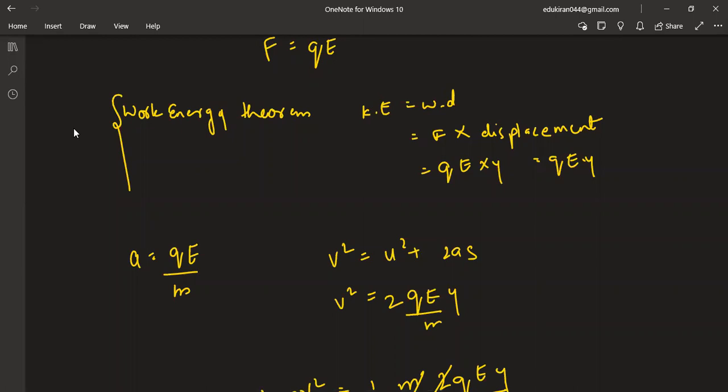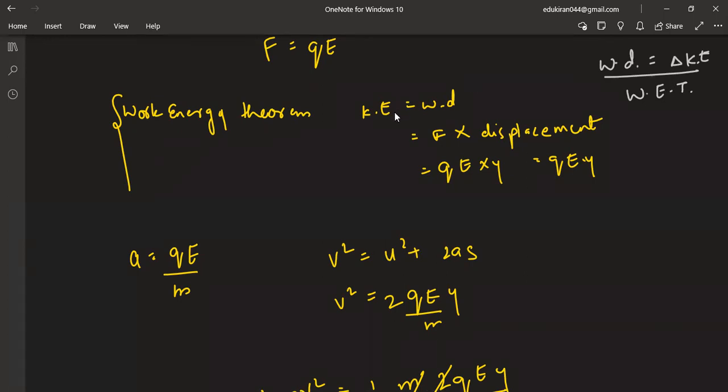Ma'am, can you repeat this one, please? Both the methods. The work energy theorem basically says that work done is equal to the change in kinetic energy. This is the statement of the work energy theorem in your lesson, work, energy and power.